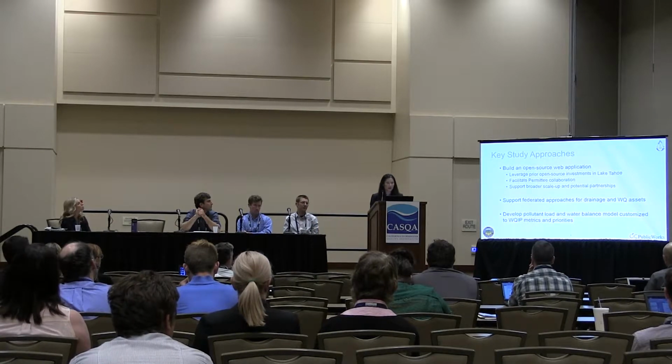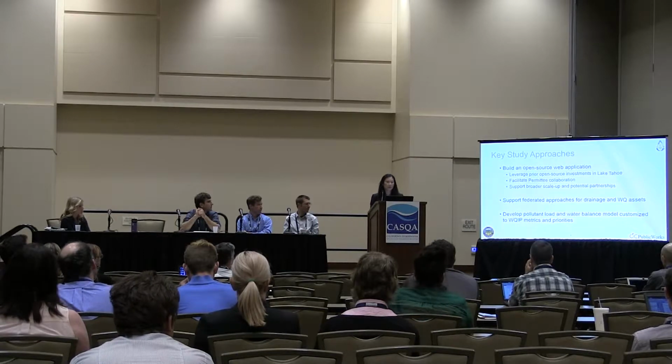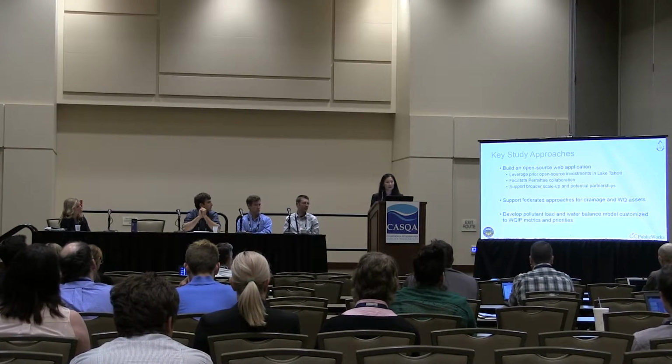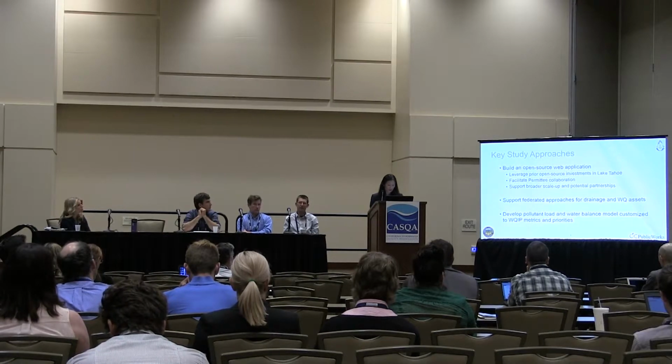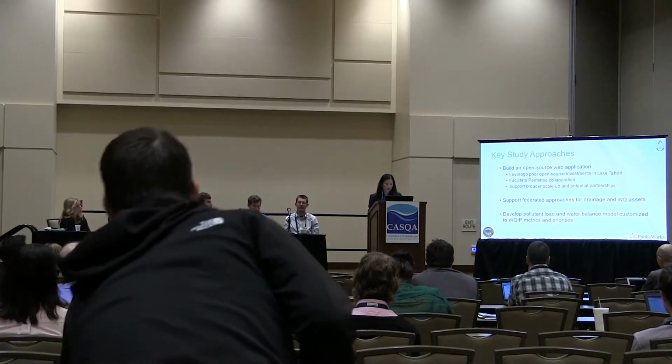So we can draw information and data sets from outside agencies, and have the data be streamlined and updated as it's being updated in various databases, and then also develop a pollutant load and water balance model which is customized to the WQIP matrix and priorities.